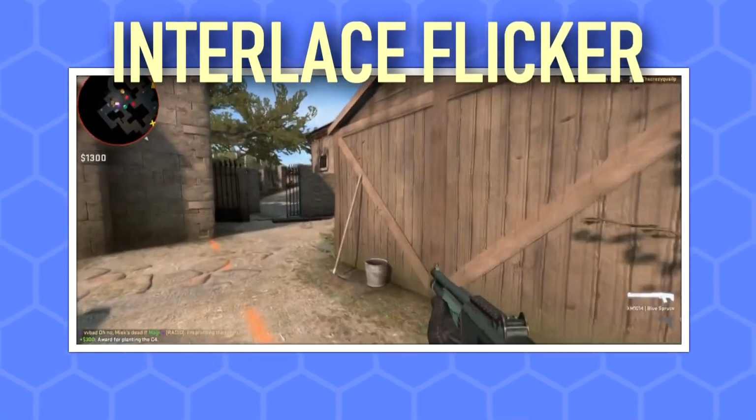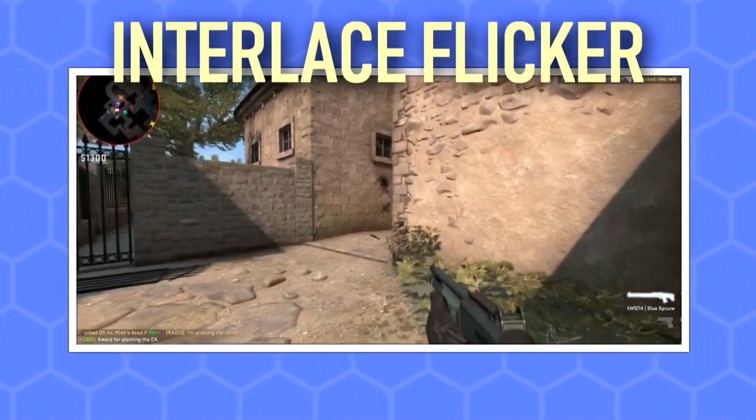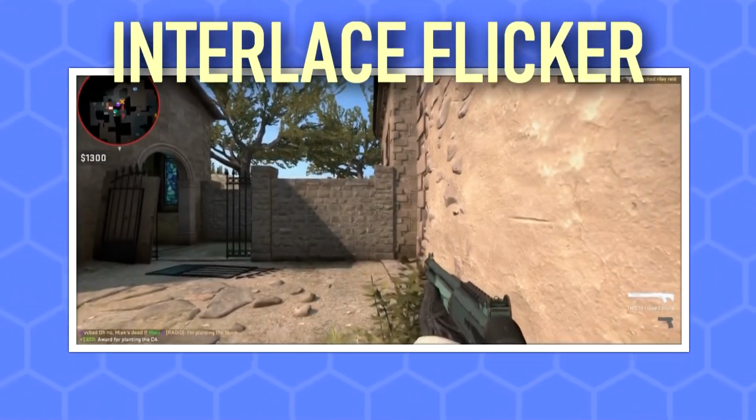Now, if this was the only difference between progressive and interlaced, interlaced would be pretty popular and not totally obsolete by now. But of course, there are some disadvantages which led interlaced down that route. So first of all, the biggest glaring issue with interlaced is there is a noticeable flicker, because obviously there's two different frames being shown.